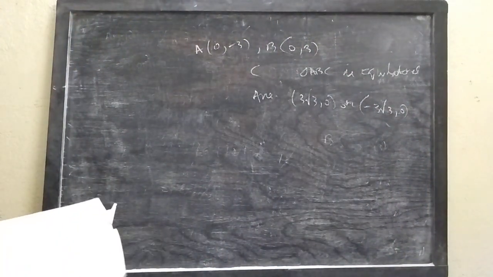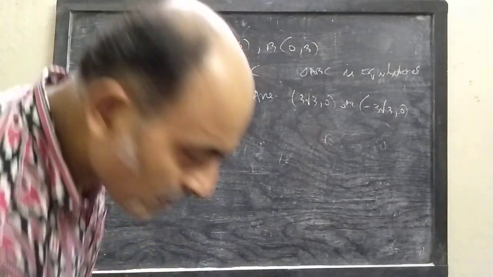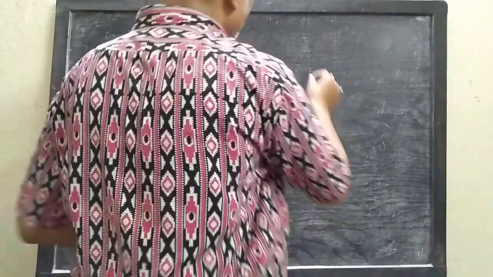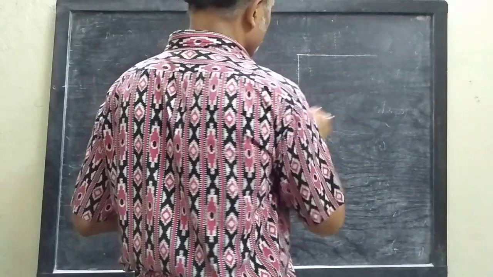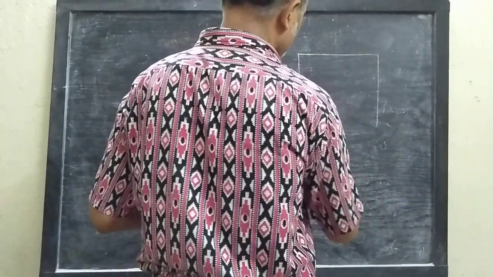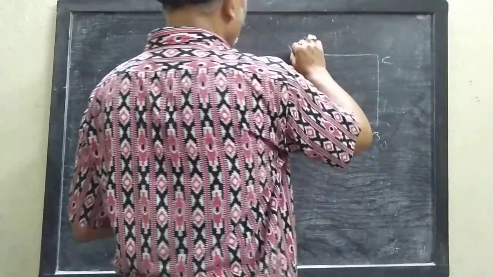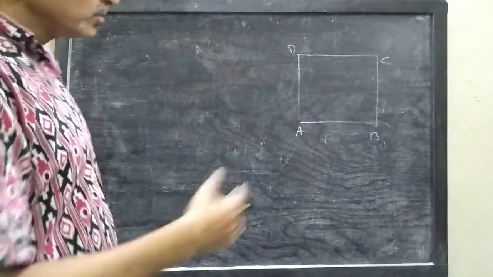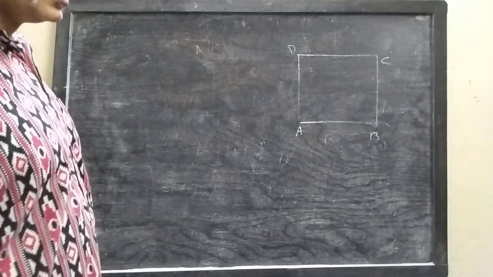Another question. After solving that, I will end today's class. That is another important question. There is a square ABCD, and you know two opposite vertices, and you are asked to find the remaining two vertices.